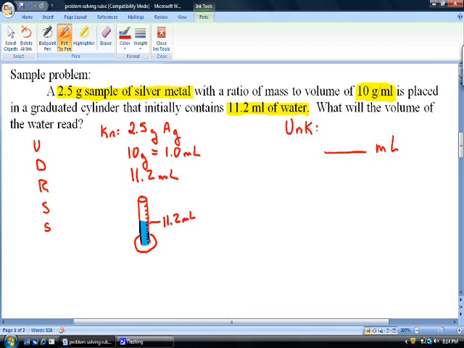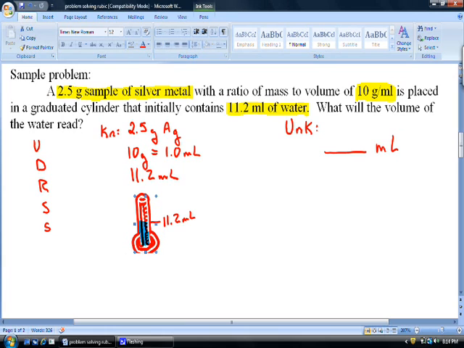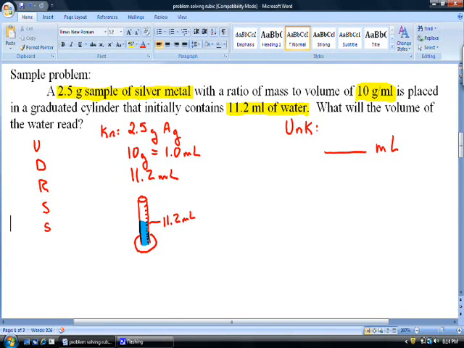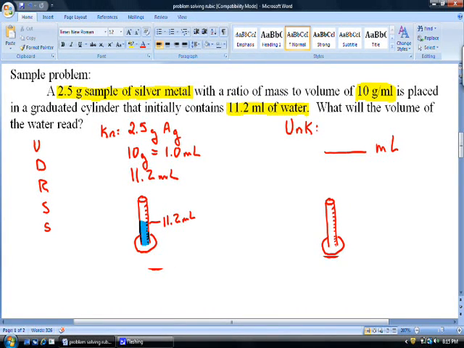Trying to get out here and get this computer to do some of its magic for me. Let's see if I can copy that and paste it. Oh, look at that. It worked for me. Okay. So we've got this same graduated cylinder.